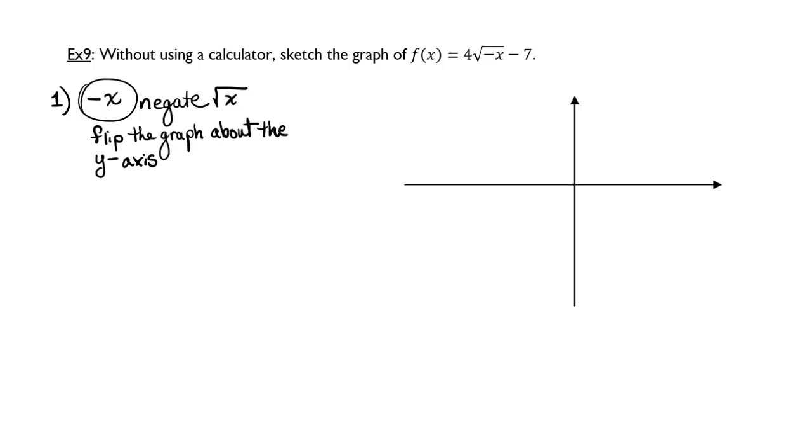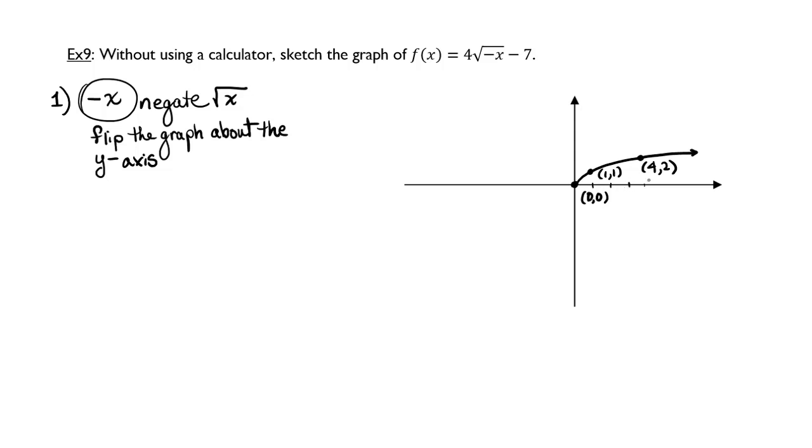So the original graph of a square root we know crosses the point 0, 0, 1, 1, and 4, 2. Labeling those points, I have 0, 0, the coordinate point 1, 1, and the coordinate point 4, 2. Now I'm just going to flip it over.